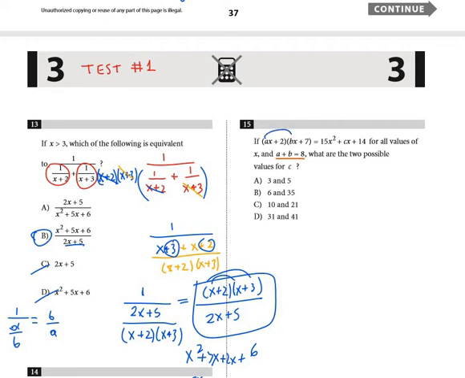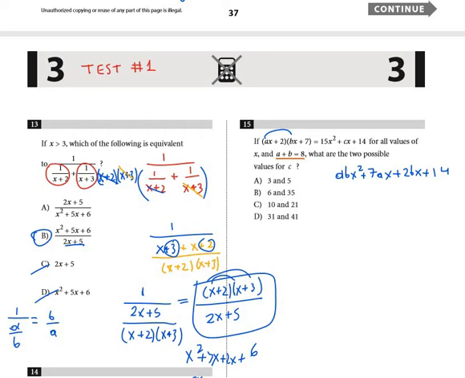ax times bx is abx squared, and ax times 7 is 7ax. 2 times bx is 2bx, and 2 times 7 is 14. Now we are going to merge the like terms.